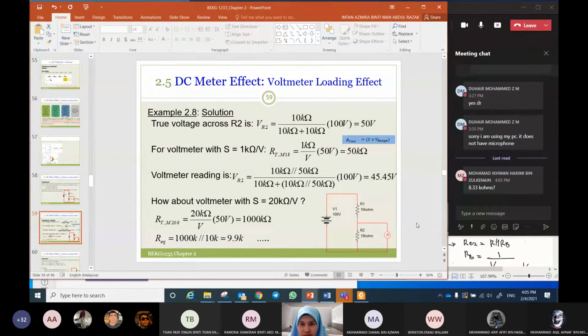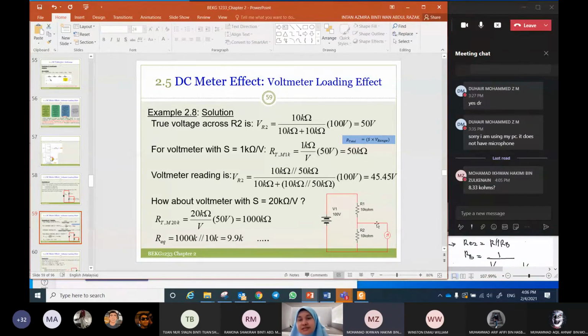R2 with the meter are in parallel. So 1/50 kilo plus 1/10 kilo. Then you get it. Do you get it directly? No, you have to take 1/ the answer, right?